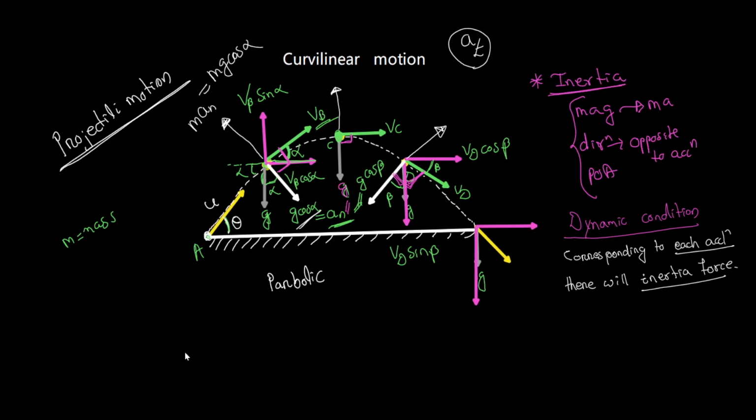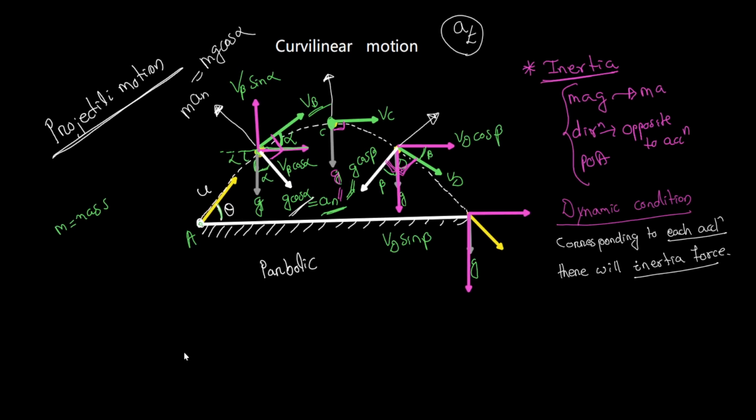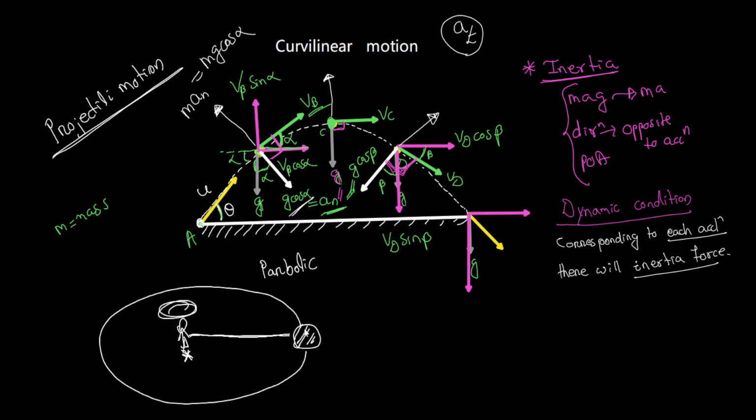Suppose you are standing over this point and you have a ball. You are a man standing over here and the ball is connected with a string and you are rotating it about the horizontal plane. You are rotating over your head like this, you are just revolving this one. What will happen?